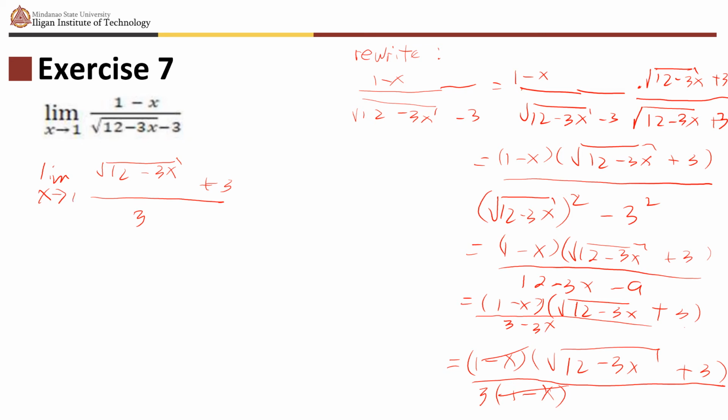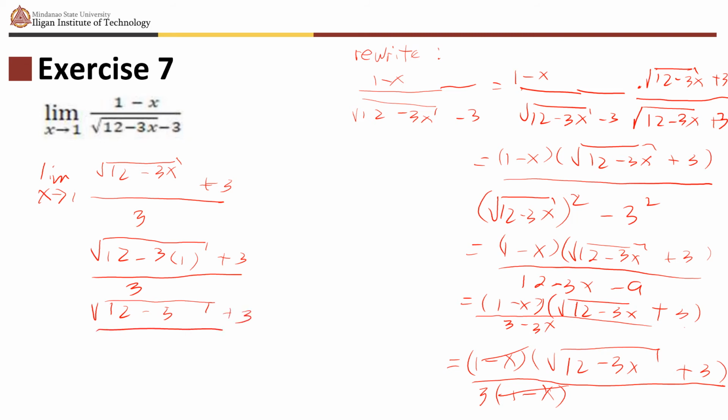And because x is approaching 1, you can replace x by 1, so you have the square root of 12 minus 3 times 1, plus 3, all over 3, which is the same as the square root of 12 minus 3 plus 3 all over 3.